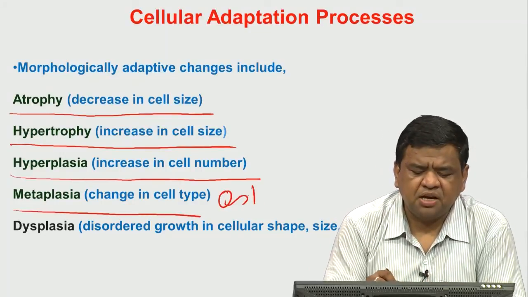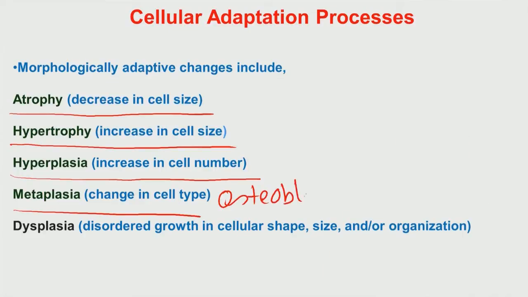An example of change in cell type: under certain circumstances osteoblast, as I said in the last module, can undergo transition to osteoclast. Osteo means bone, osteoblast means bone-forming cells, osteoclast means bone resorption cells. This kind of transition helps the cell adapt to certain external stimulation.